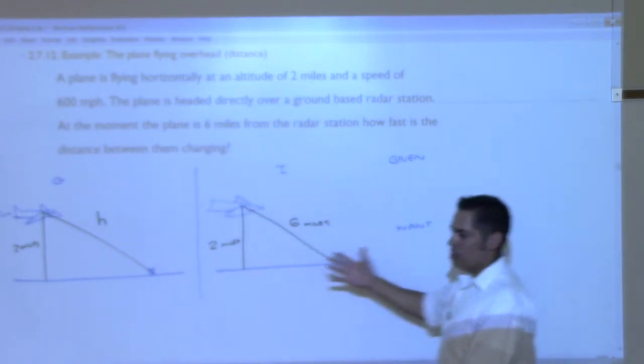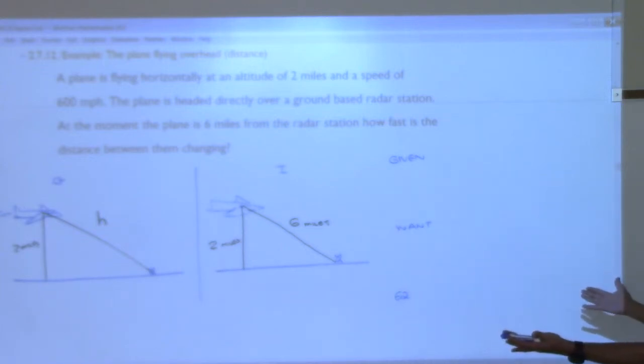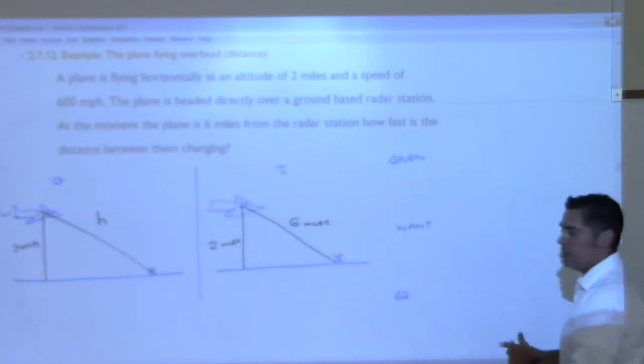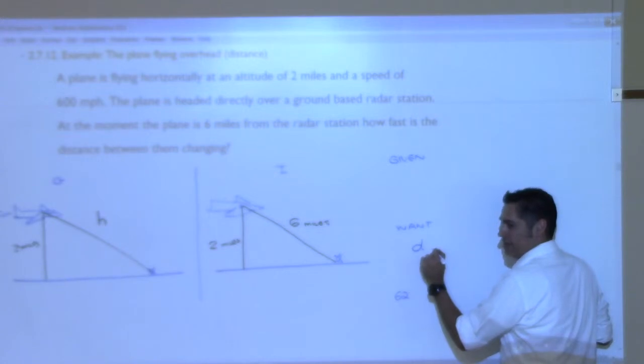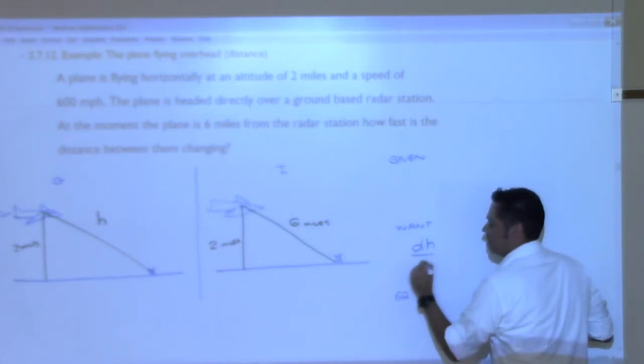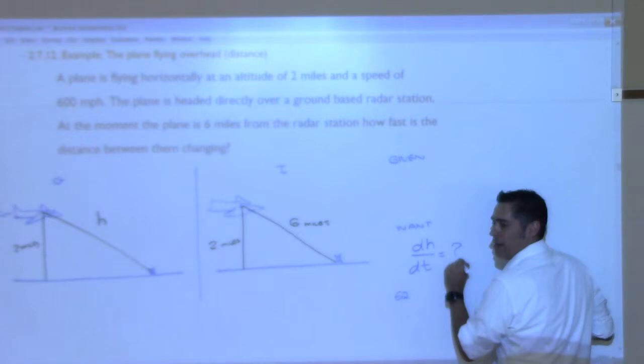So in your picture, what represents the distance between them? The hypotenuse. You want to know how fast that's changing, right? So you want dh/dt. That's what you want, right?